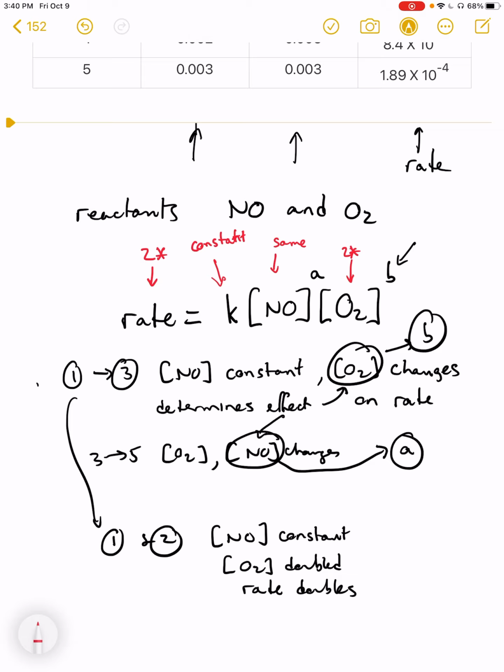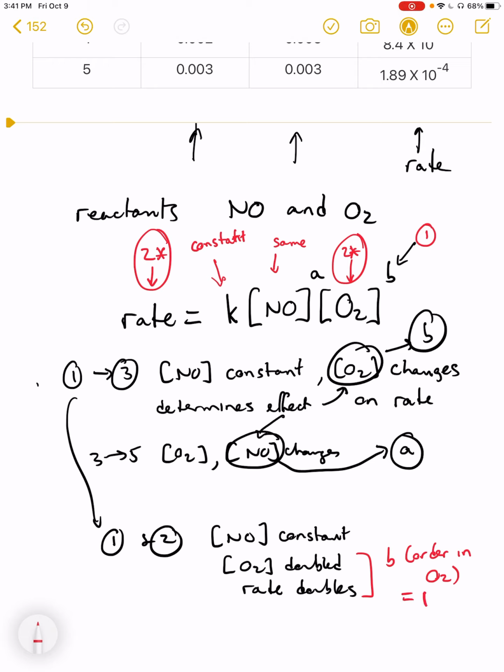So as O2 doubles, my rate also doubles. That tells me that B must equal 1. Okay? B, or the order in O2, must equal 1.